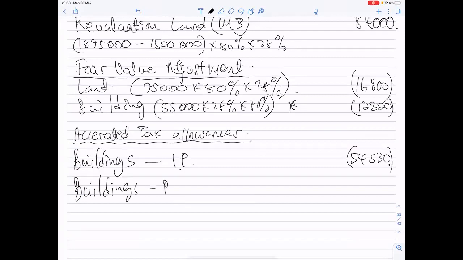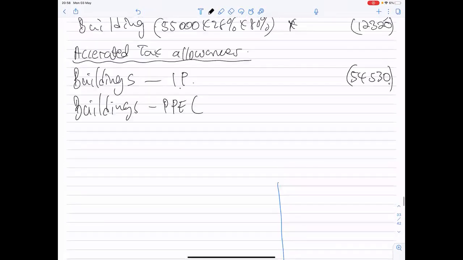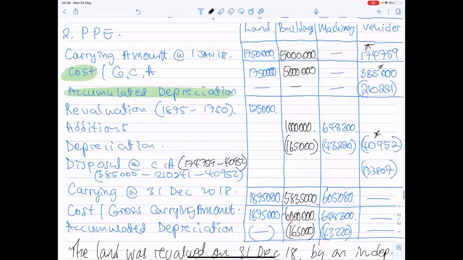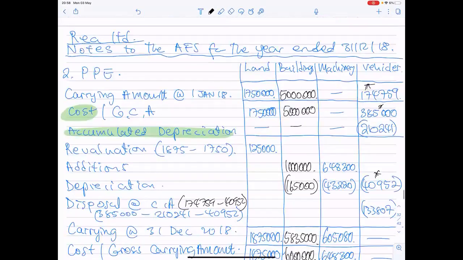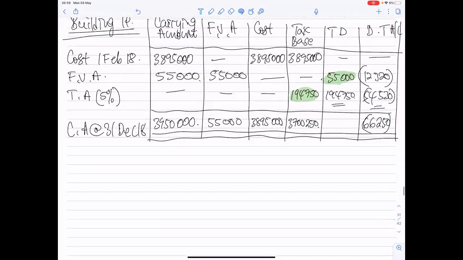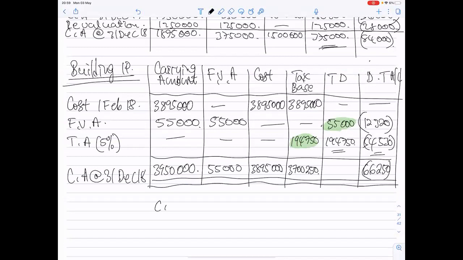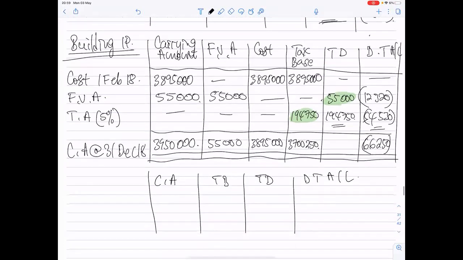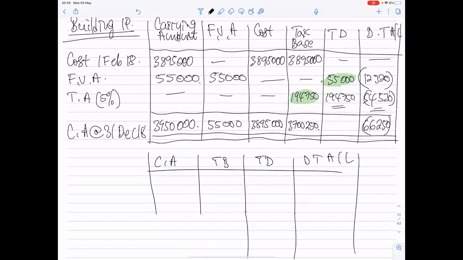Then we can have another building for PPE. So for the building for PPE, we can do the calculation again for deferred tax. But I think it will be just a hassle. So we have our carrying amount, tax base, temporary difference, and deferred tax asset or liability. This one is not complicated because nothing was revalued.